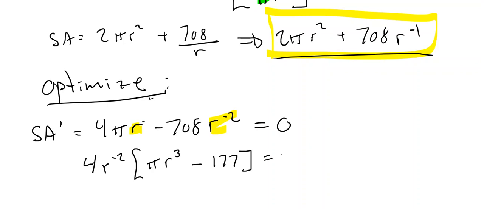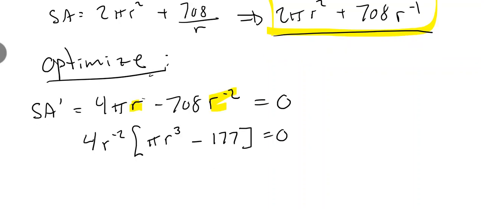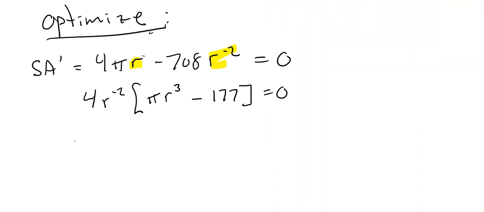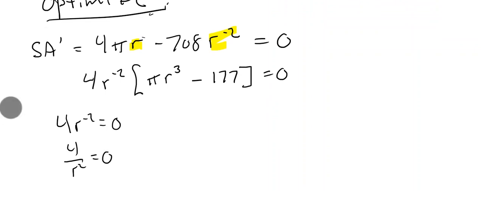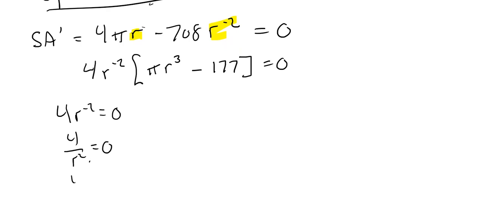Set both factors equal to 0. So we have 4r to the negative 2 equals 0, or 4 over r squared equals 0. And once again, that's going to give us 4 equals 0 when we cross multiply, which gives us nothing. That is a fallacy. That is a false statement, not true.